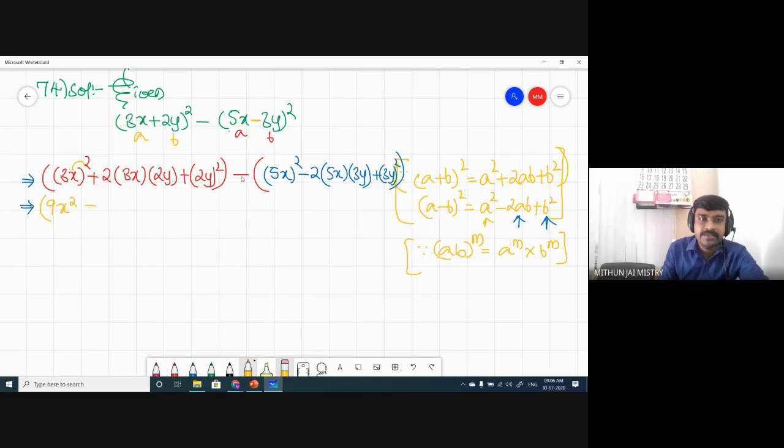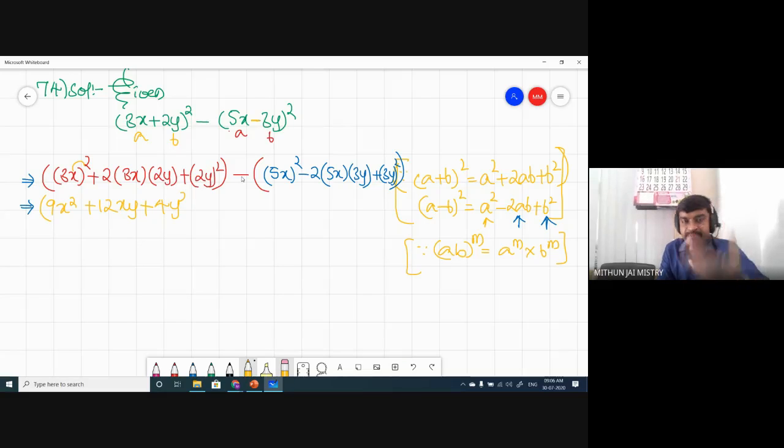Plus 2 into 3, 6, 6 into 2, 12. 2 3s are 6, 6 2s are 12. Now x into y is xy. So the middle term we got as plus 12xy. And then the last term, keep a plus. 2 square is 4, children, and then y square is y square.